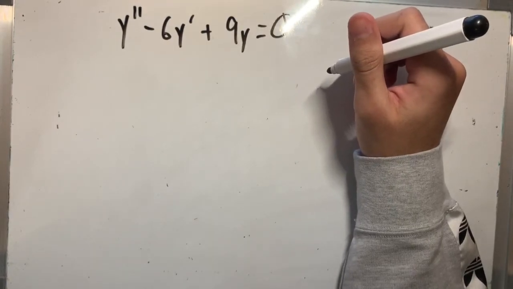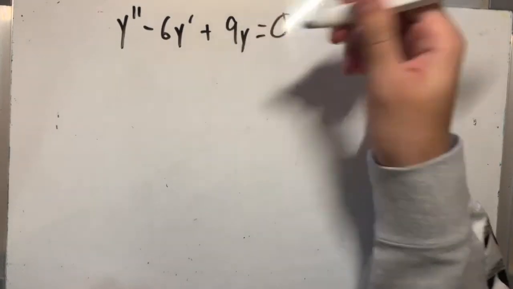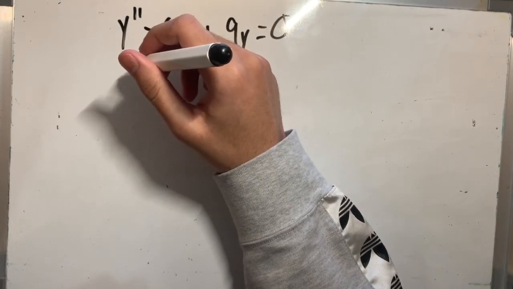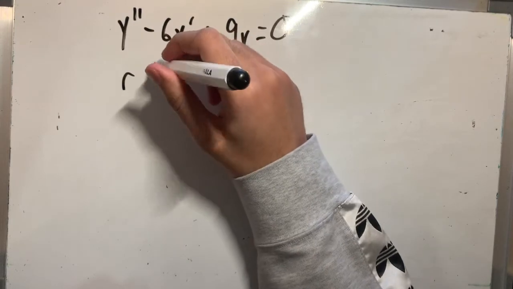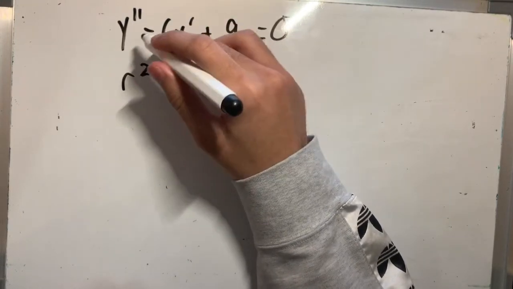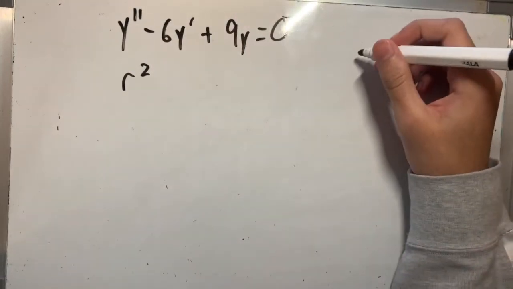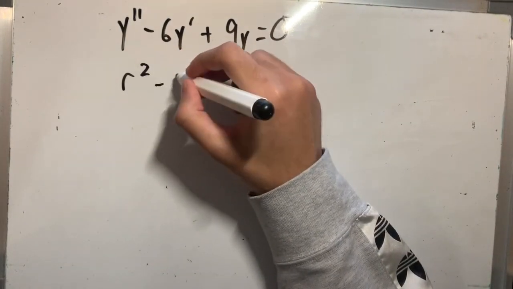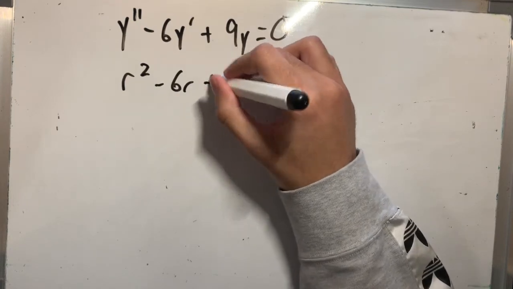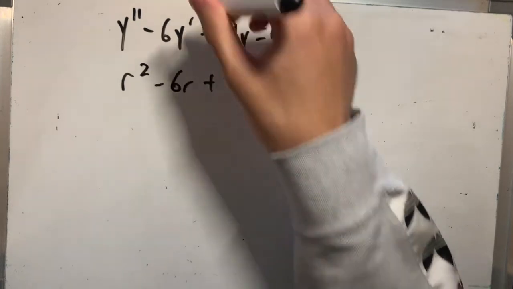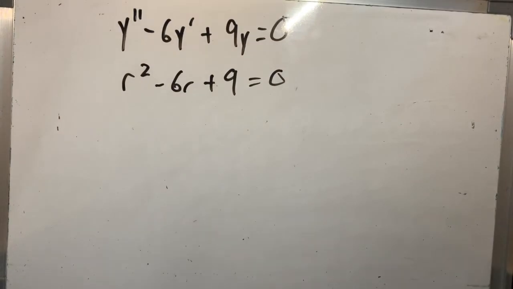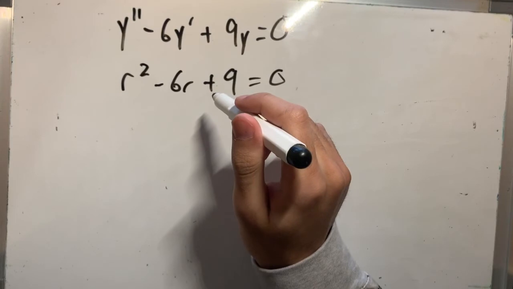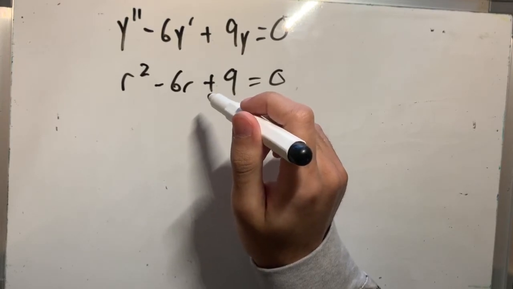What you want to do is find the roots. We'll substitute r for the y's, and we'll put r squared minus 6r plus 9 is equal to 0. It's the same thing, we're just trying to find the roots. And if you were to solve this out, we should get r.